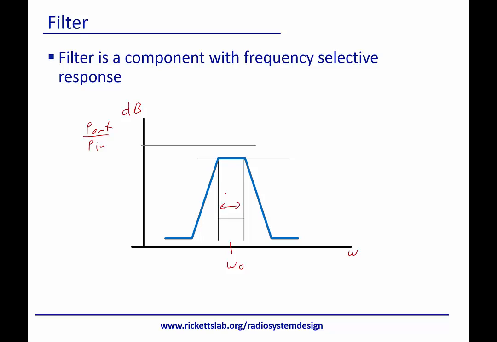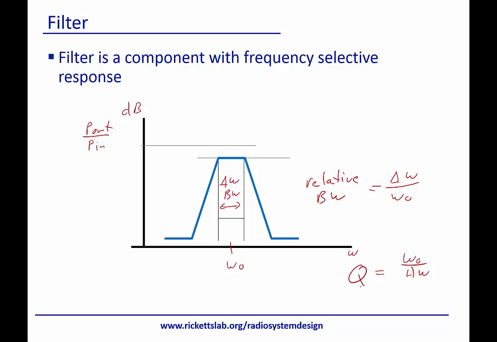This right here is our bandwidth, and we'll call this delta omega. Now, if we take delta omega over omega naught, this is our relative bandwidth. Another convenient one is if we take omega naught over delta omega. This is what you probably remember as being Q.